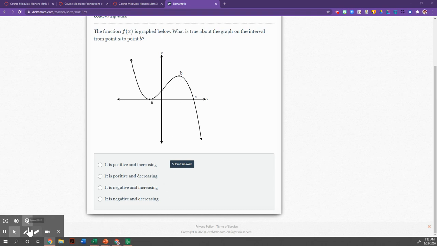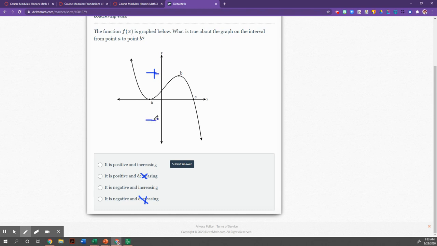So if I pull up my writing tool, that means this is out and this is out, because from A to B, it's increasing. Now, is it positive or is it negative? Here's the x-axis. If it's on this side, it's positive.